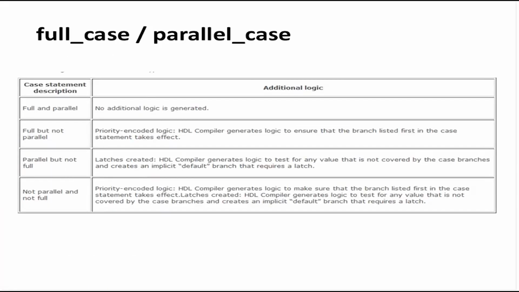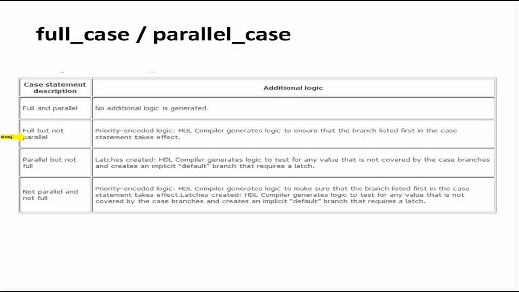Now this table tells us what happens when the case analysis description is full and parallel: no additional logic is generated. So you should achieve this for your case blocks, if you do not want priority logic, if you do not want latch. By design, your code should be full and parallel code.